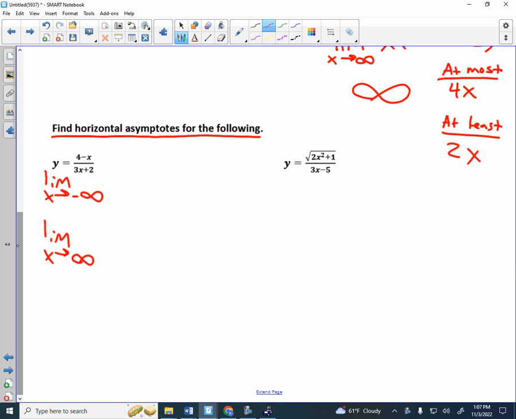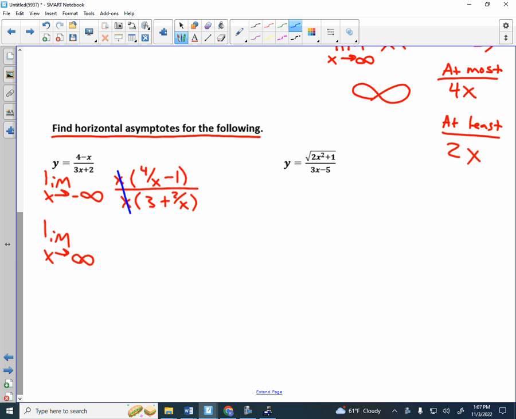What should I factor out of the top? And when I factor out the x, what do you get here? 4 over x minus 1. And what do you factor out of the bottom? X. And you get 3 plus 2 over x. What's going to happen to the x's? They will cancel.